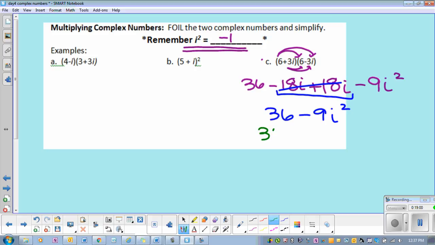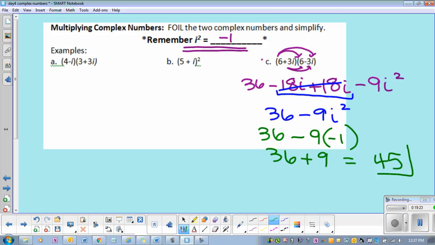So now this is 36 minus 9 times negative 1. You guys still with me? What is negative 9 times a negative 1? Positive 9. So 36 plus 9 gives me what? 45. So this guy that started out as a complex ended up just being 45.